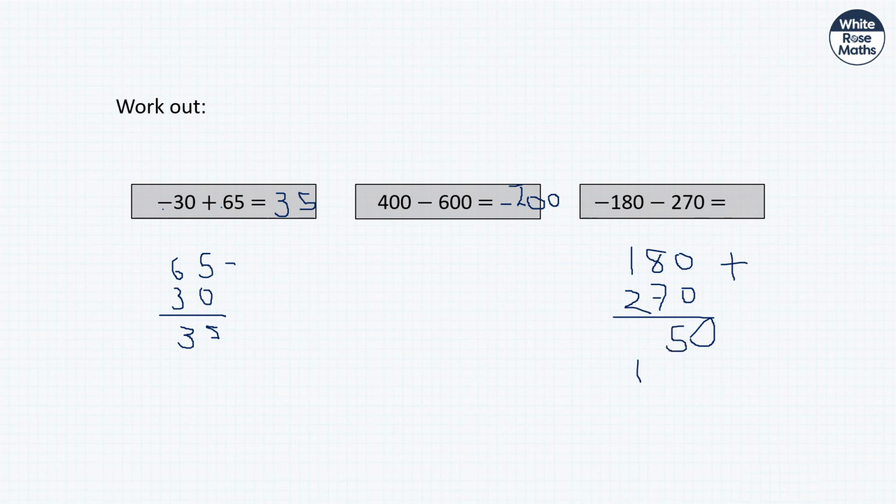Carry the 1. 1 plus 2 is 3, plus 1 is going to be 4. Okay, put the minus sign back at the front. So your answer is negative 450 or minus 450.